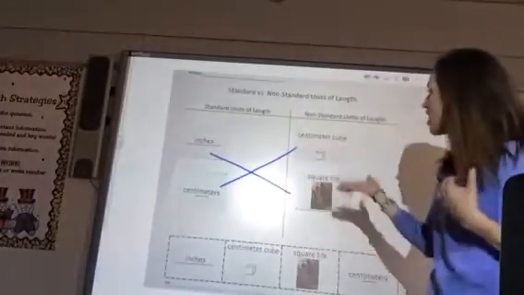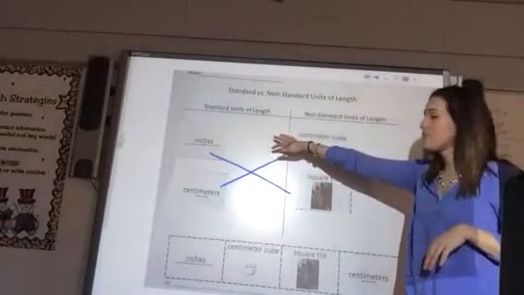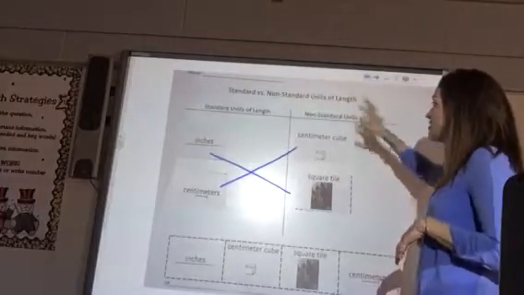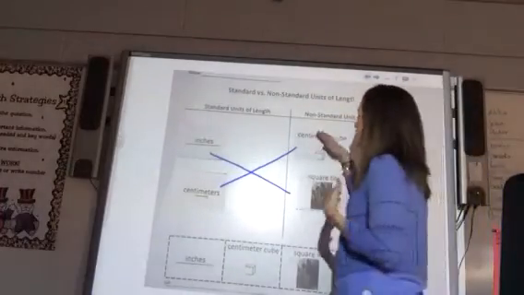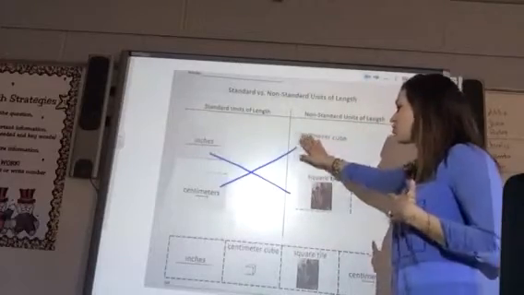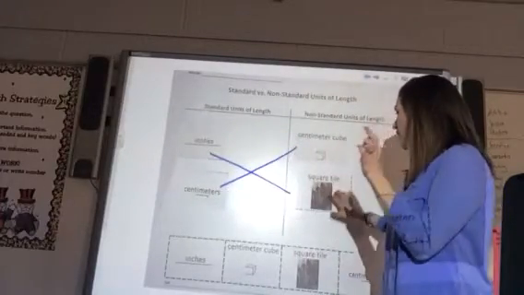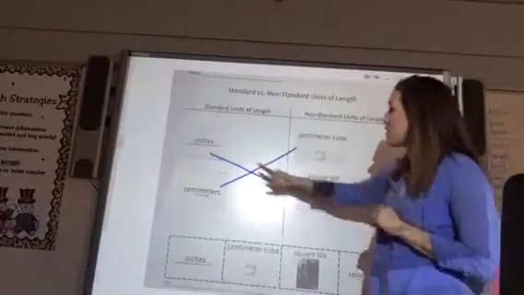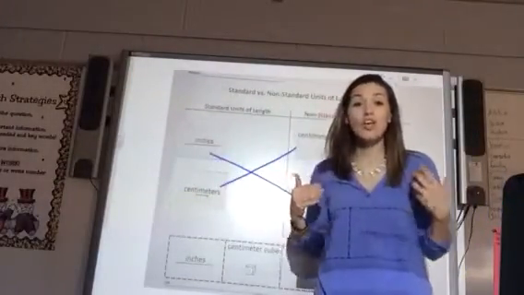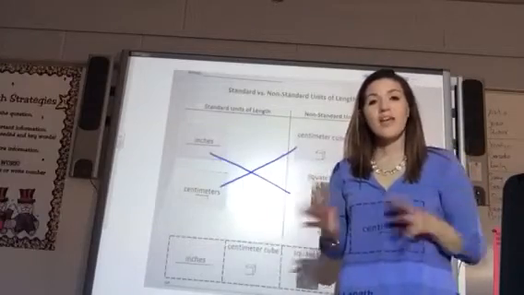Okay, so first of all, you talked about standard units of length to measure by and non-standard units of length to measure by. The reason we do non-standard units like centimeter cubes for centimeters and square tiles, a little square tile like a counter, for inches is so that as kids, you can get used to picturing that in your mind.